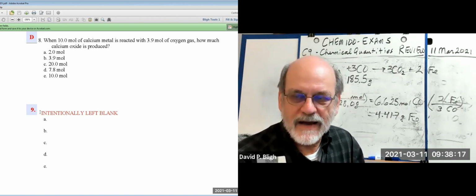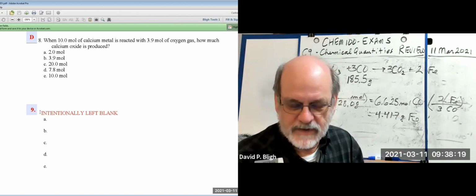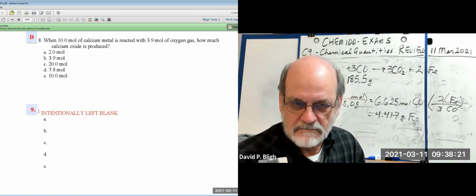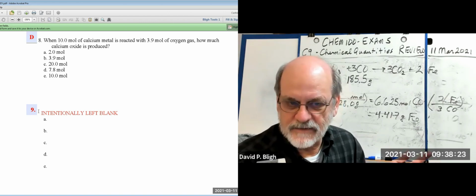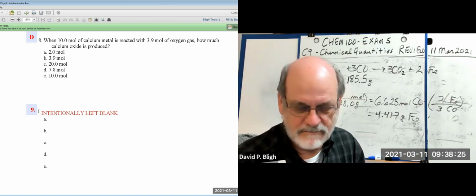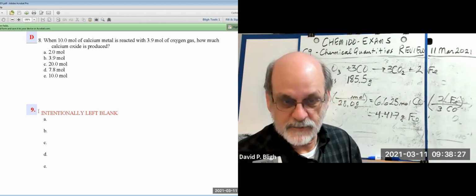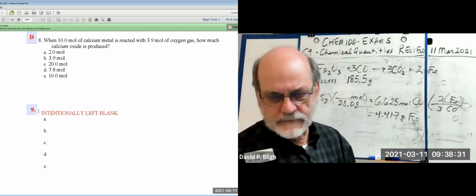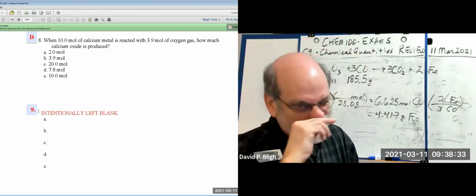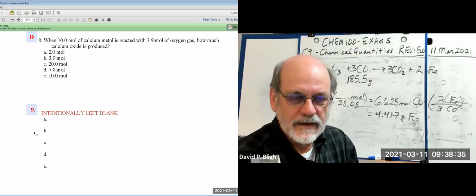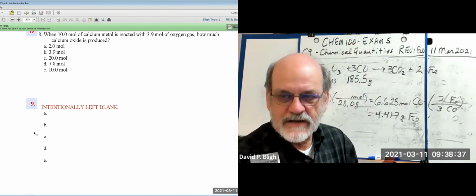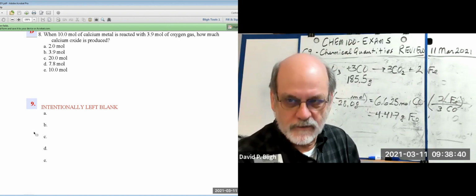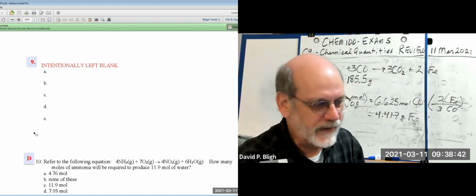Rather than go back and redo and renumber everything, I just chopped it out and said this one's blank, because we haven't covered that material yet. Probably has to do with gases, right? We haven't got to gases yet. And that was easier than redoing all of my handwritten work over again.